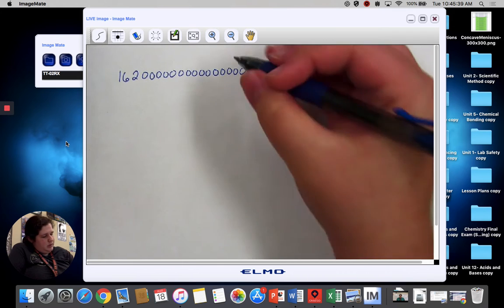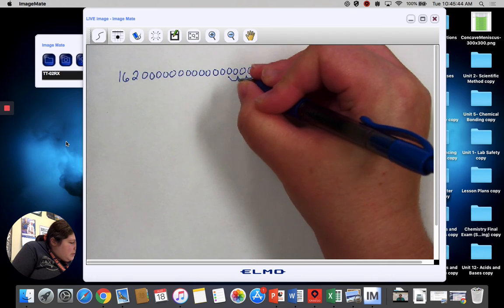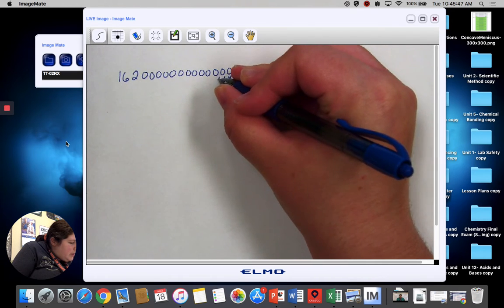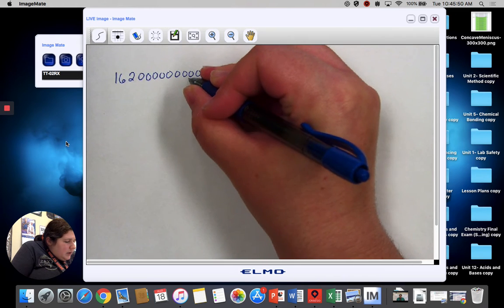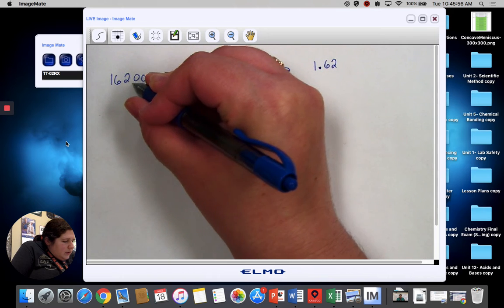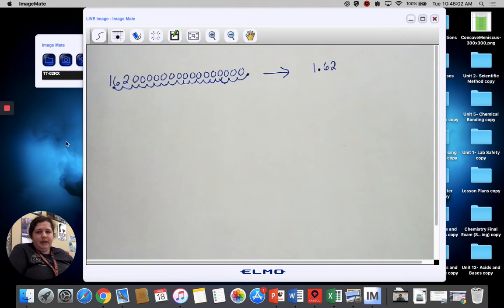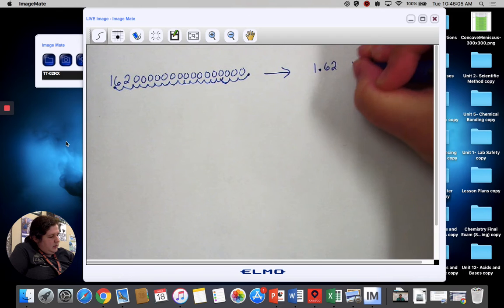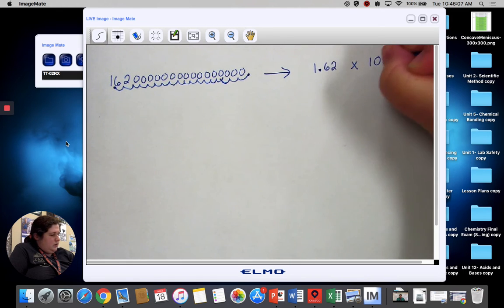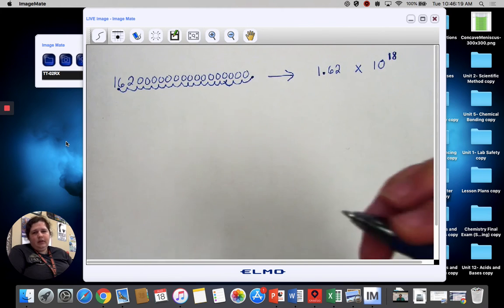Let's move it over. 1, 2, 3, 4, 5, 6, 7, 8, 9, 10, 11, 12, 13, 14, 15, 16, 17, one more, and 18. Whew, that was a lot. All right. This is a very large number, so it's definitely going to be a positive exponent here. Great. Wonderful.